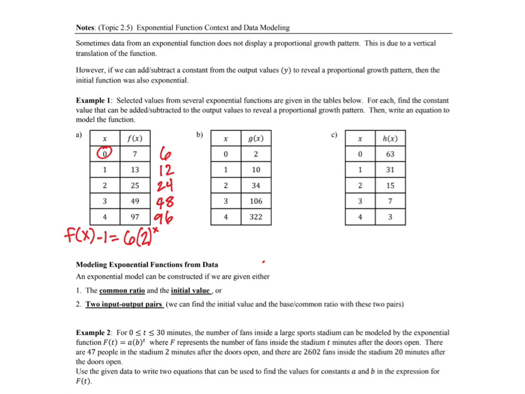Well, f of x must equal, if I add that 1 to both sides, then this f of x function must equal 6 times 2 to the x plus 1. This is cool. That plus 1 doesn't go up there with the x, no, because this is a vertical shift. And so this is an outsider that tells the truth.